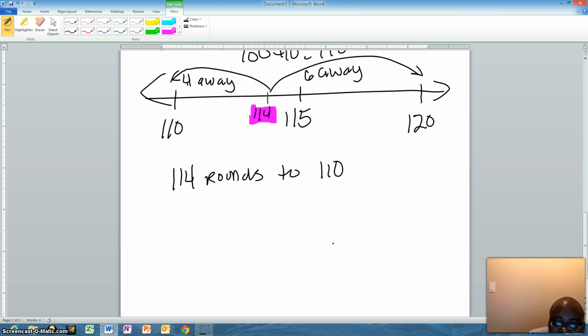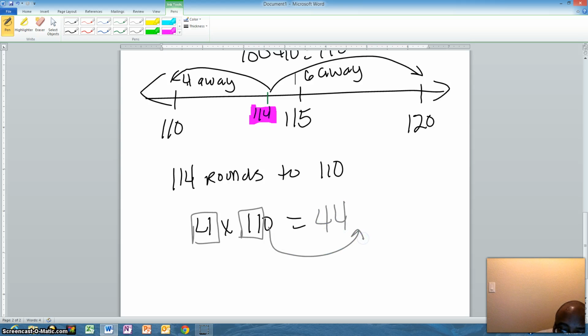Let's put this back into our multiplication problem. 4 times 110 equals. So we box out 4, box 11. 4 times 11 is 44.